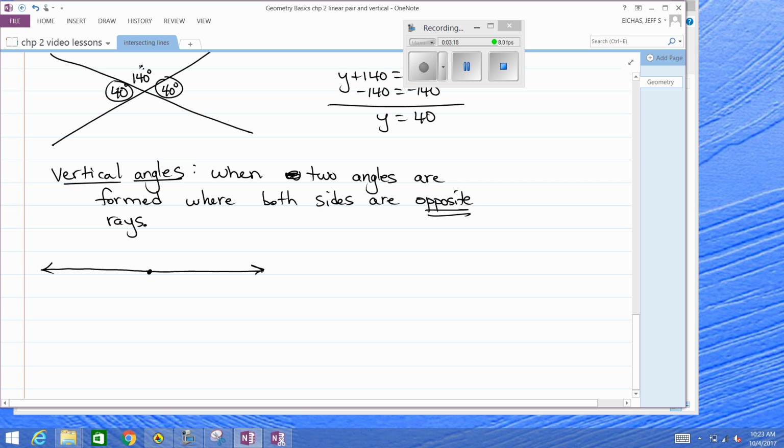If you have a straight angle, okay, straight angles are formed by opposite rays, all right? So in a case like this, because it's a straight angle, BA and BC are opposite rays, okay? Because angle ABC is a straight angle.